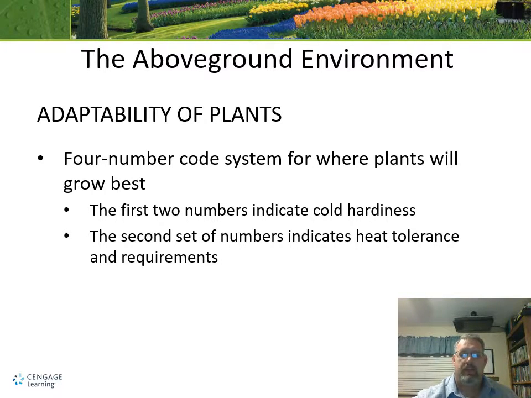That will be the amount of cold that it can tolerate before it freezes or its cell walls start to rupture. When we are looking at plants, typically they are within 10-degree increments. So we would talk about 0 to 10, 10 to 20, 20 to 30, and then 30 and above.